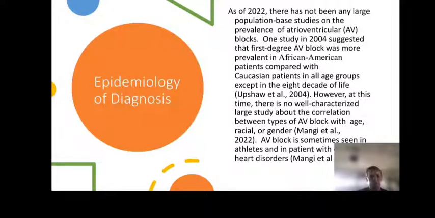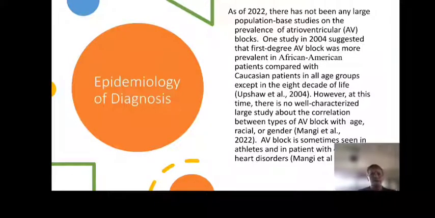Epidemiology of diagnosis. As of 2022, there have been no large population-based studies on the prevalence of atrioventricular block. One study in 2004 suggested that first-degree AV block was more prevalent in African American patients compared with Caucasian patients in all age groups, apart from the 8th decade of life.